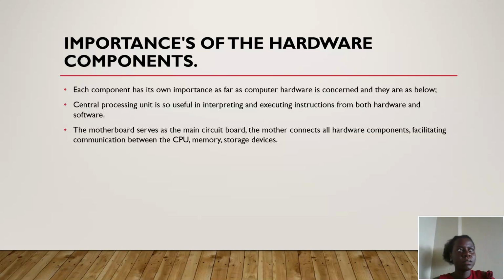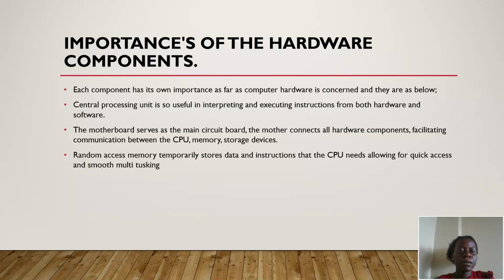Then the motherboard, and this serves as the main circuit board. The motherboard connects all hardware components, facilitating communication between the CPU, memory, and storage devices. Have the random access memory, and this temporarily stores data and instructions that the CPU needs, allowing for quick access and smooth multitasking.